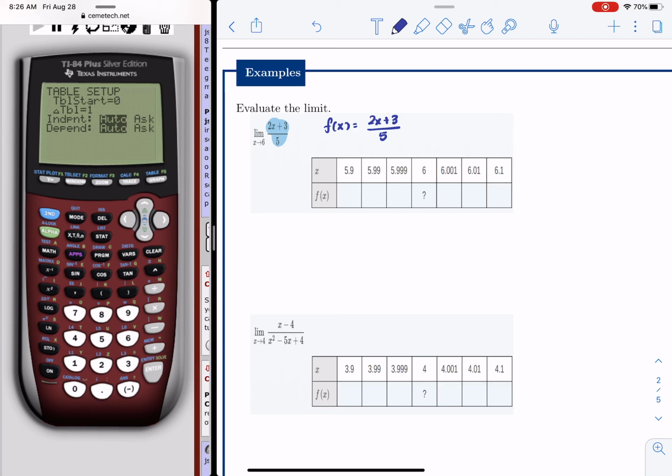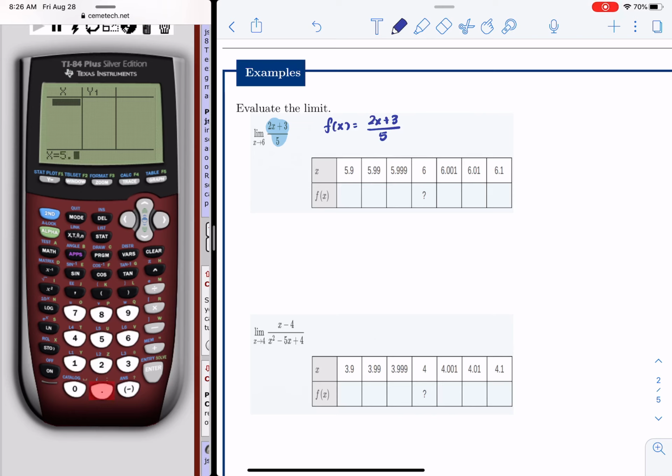So here the value is 5.9. So we will start at 5.9 and we can increment it, but since they are not equal increments, I'm simply going to say ask, which means it is going to ask us each time what value to plug in. Second mode to exit, and second graph would give you a table.